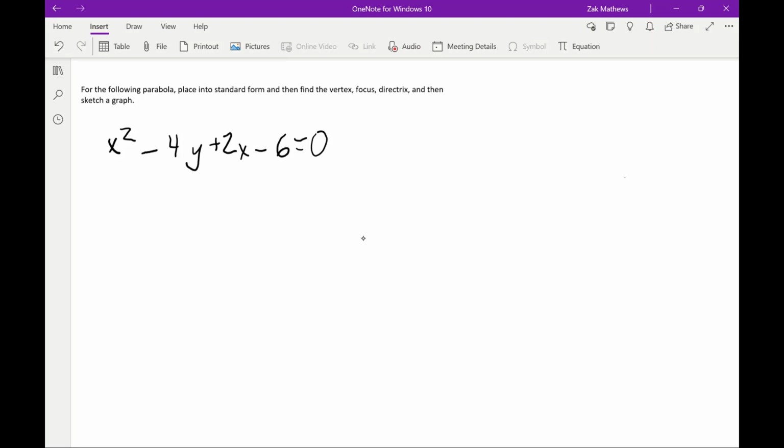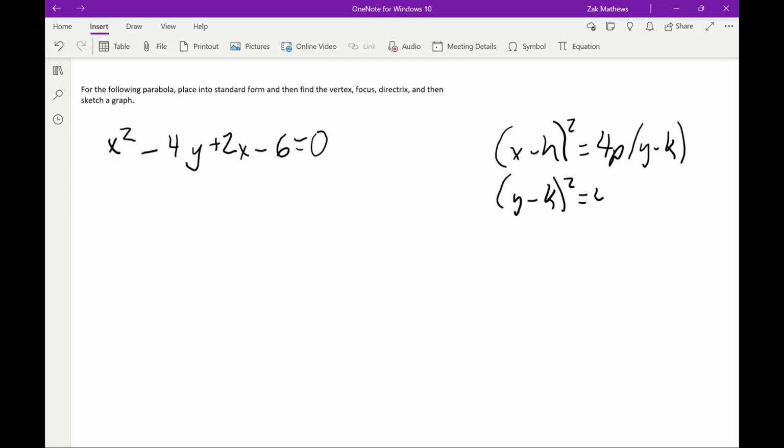And so those, remember, are (x minus h) squared equals 4p(y minus k), or (y minus k) squared equals 4p(x minus h). Let's compare and contrast: why do we have these two different forms? Well, for quadratics, that standard form is great. It gives me the vertex. It allows me to see which way it opens, but it doesn't give me the focus.